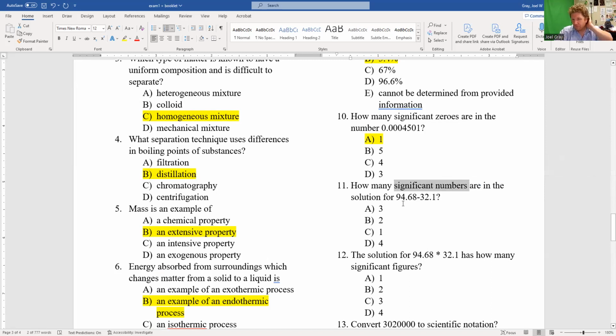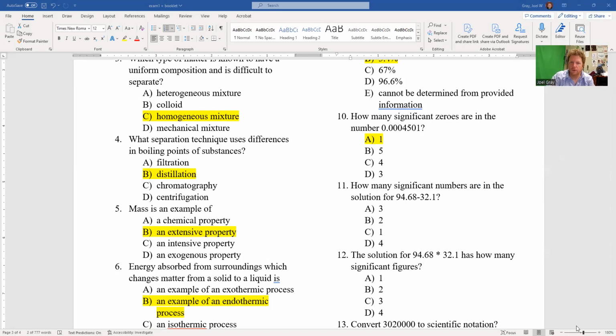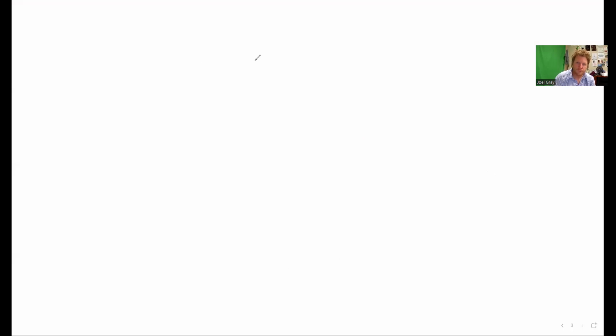And then 94 minus 32 is going to be 62. So our correct answer is going to be something in the area of that. I'm going to go ahead and just write it out here on the page. 94.68 minus 32.1.